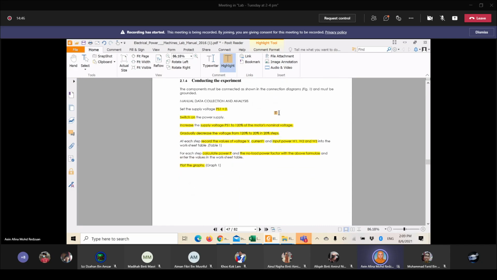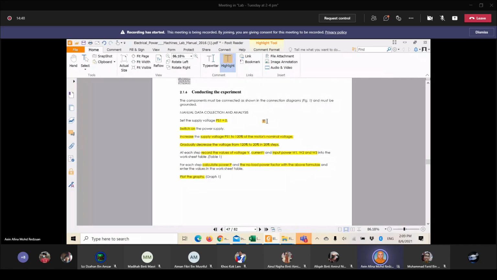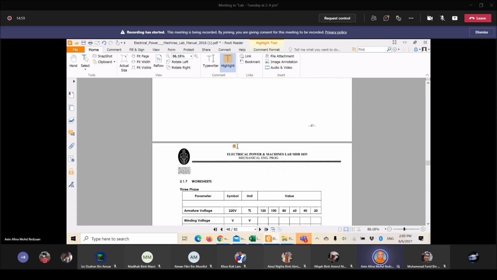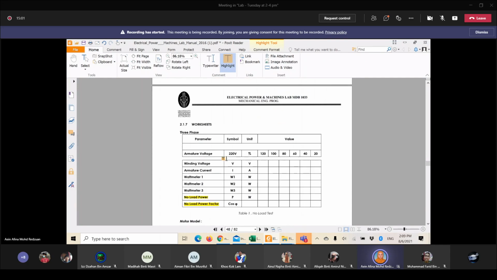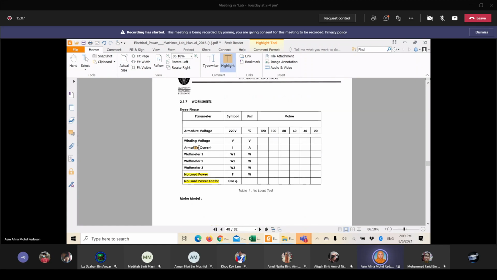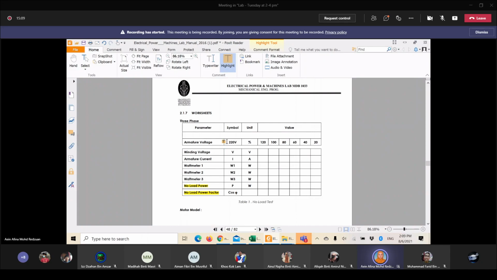Okay, so in this experiment, what we are going to do is switch on the power supply and supply the voltage of 220 volt, and then vary the voltage.